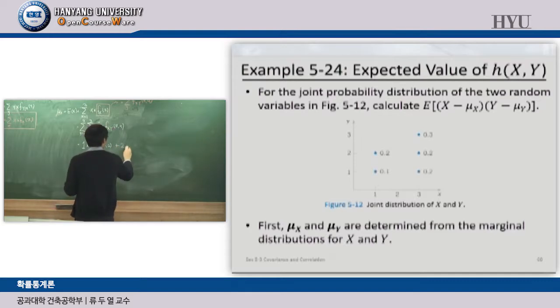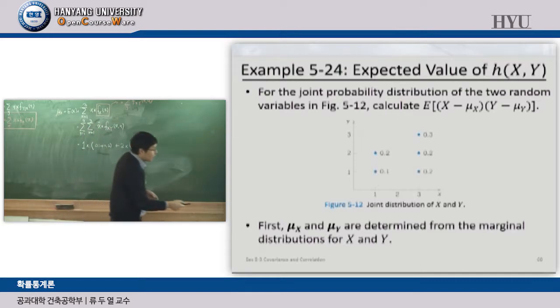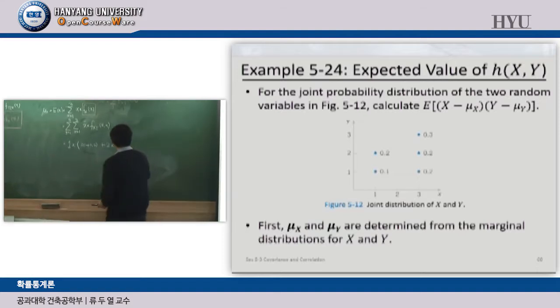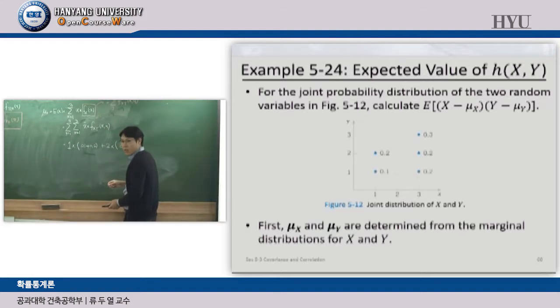Plus, when x is equal to 2, there is no joint probability mass function here, right? So 2 by 0. And when x is equal to 3, we have three options here: 0.2, 0.2, and 0.3.